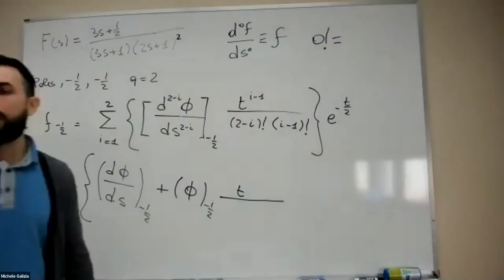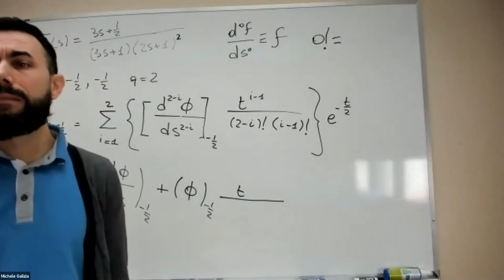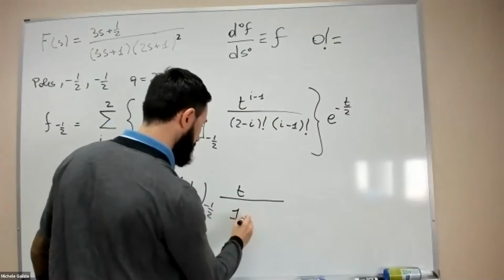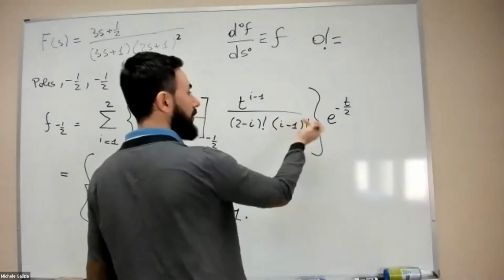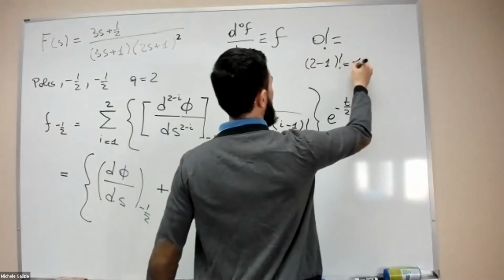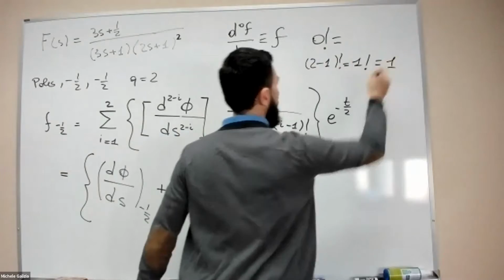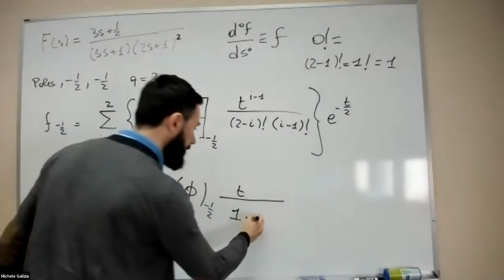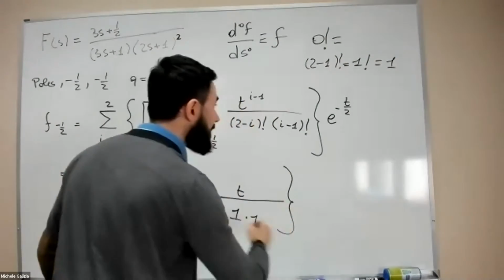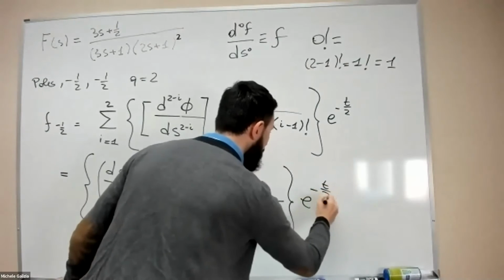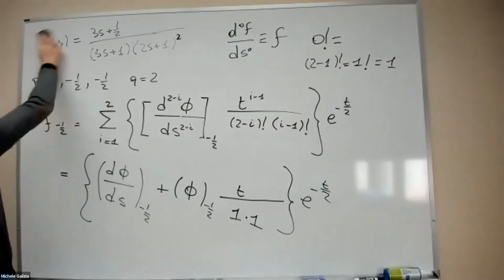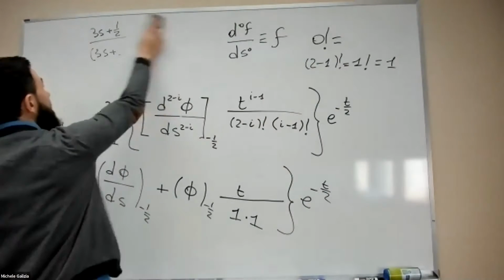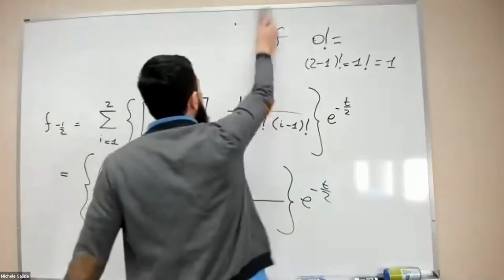So what is 0 factorial? 1. 1 times 2 minus 1 factorial, 1 factorial, which again is equal to 1, times the exponential of minus t over 2. Is that clear? Yes.